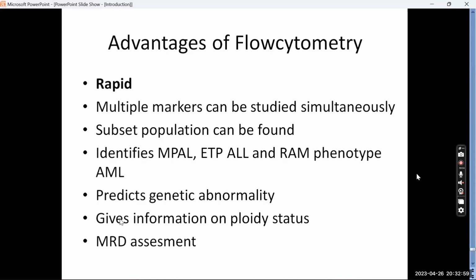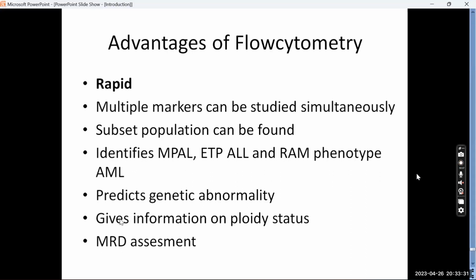We went back and saw the initial flow, and there was a small 1.5% population. The big tumor clone was sensitive to the chemotherapy and regressed, whereas the small 1.5% clone was insensitive, expanded, and caused the relapse. So flow can identify small subset populations. No other technique can identify those subsets.